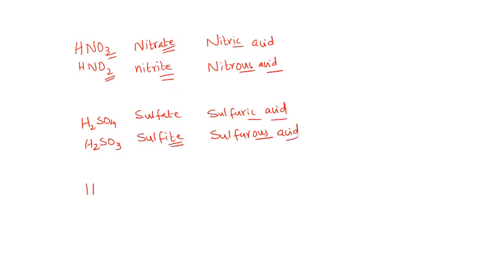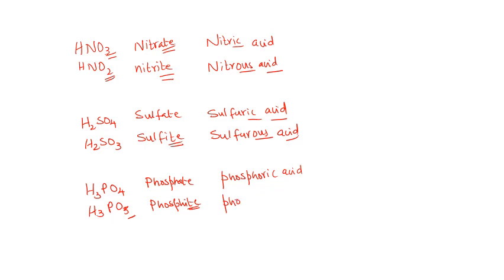One more, H3PO4, we have phosphate here, phosphate, so that means we will have phosphoric acid here. And H3PO3, less oxygen here, PO3, and then that is phosphite, ITE ending, and then we will name it as phosphorous, OUS acid.